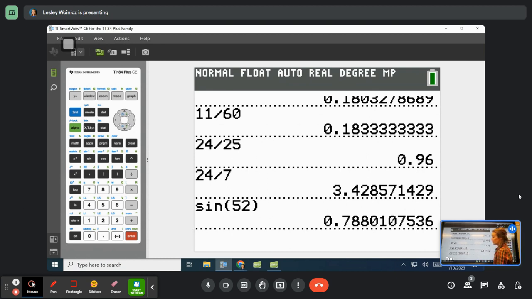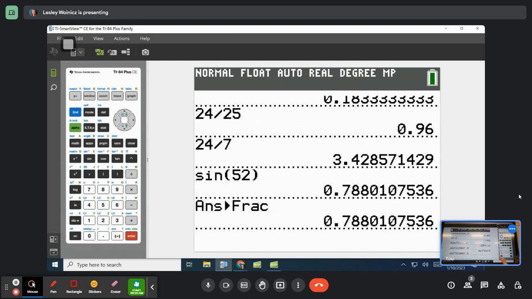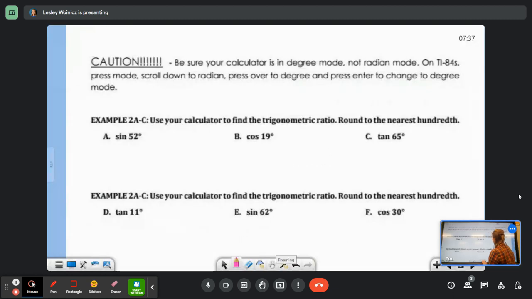It said round to the nearest hundredth, so that would be 0.79. Basically what they're saying is that if I took the opposite over the hypotenuse, it would be about 79 to 100. That's what it means.